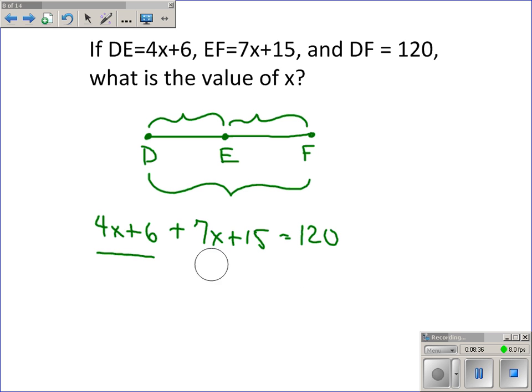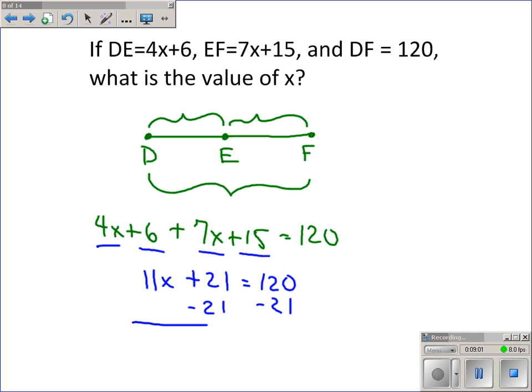Now, I will solve this equation by first combining the like terms. 4x and 7x makes 11x, and 6 plus 15 is 21, and that's equal to 120. Okay, now I will solve this by first doing the opposite of adding 21, which is subtracting 21. And this cancels. I get 11x is equal to 99.